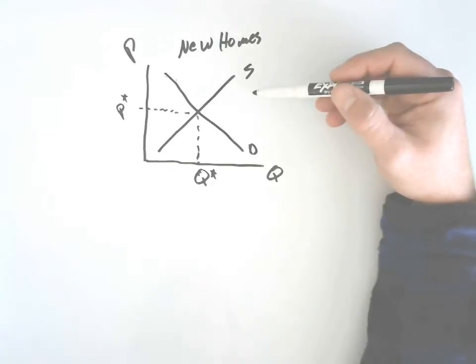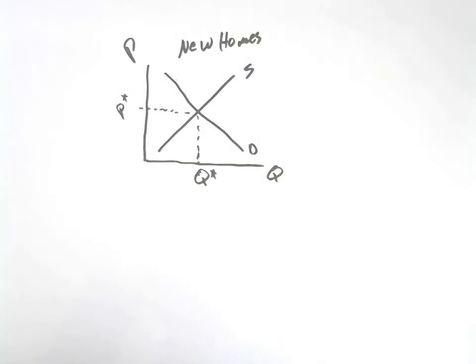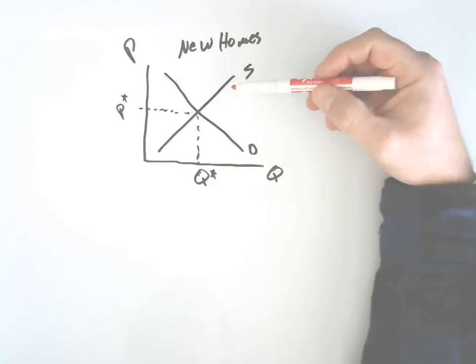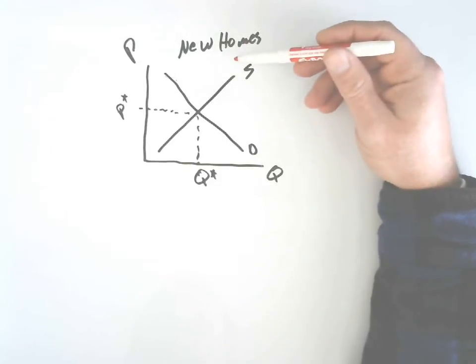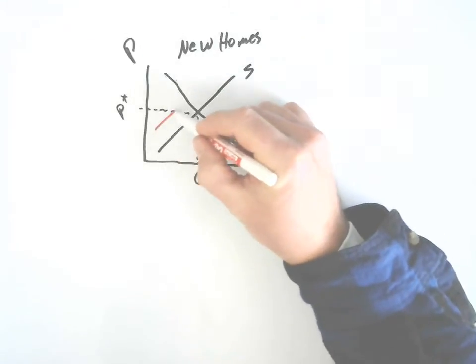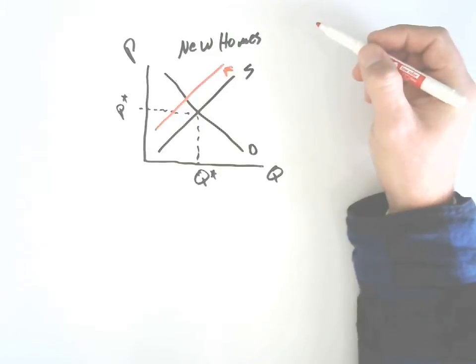Well, yellow pine is a primary input into the construction of new homes. This, of course, would increase the price of lumber, which is an input into the new home process. And we know that that will cause a fall in the supply of new homes.